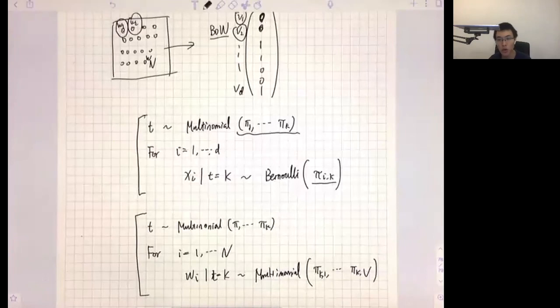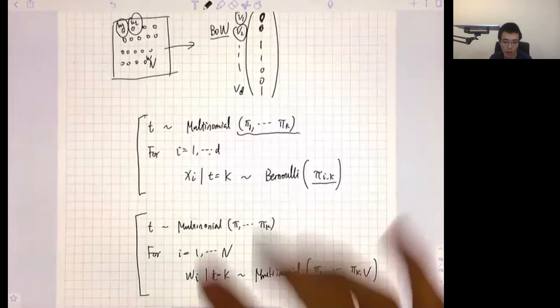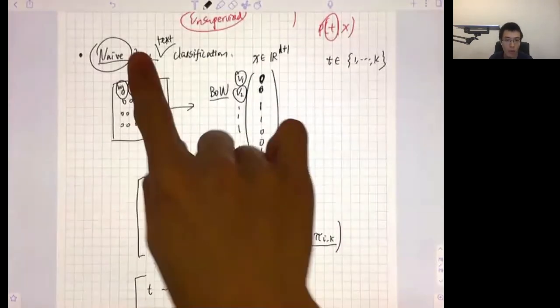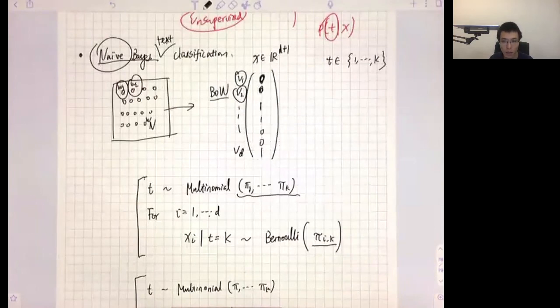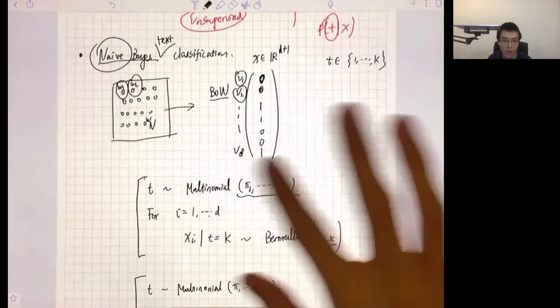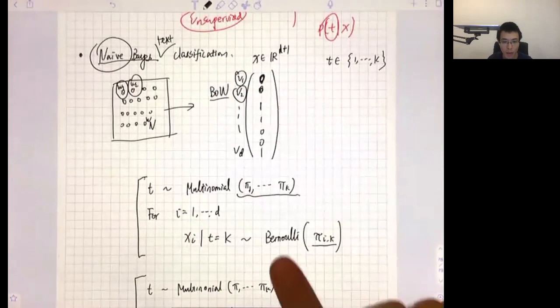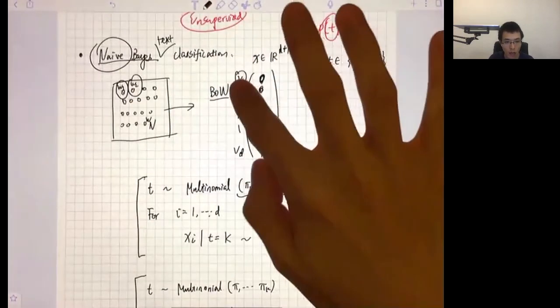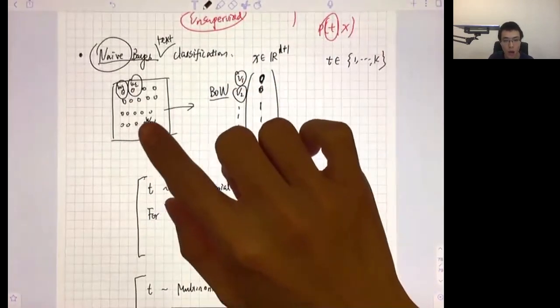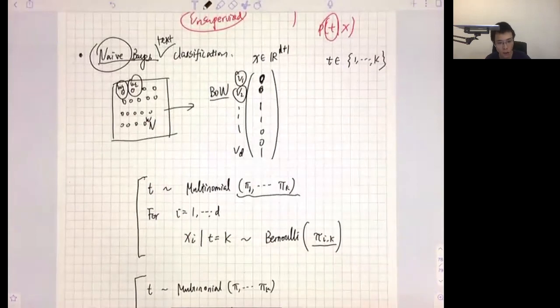And that is definitely not true, right? In real natural language, usually the previous word would affect your future word. But in the naive Bayes assumption, we assume every word is generated independently. And we can build a generative model to estimate the joint probability of your target as well as your document, okay?